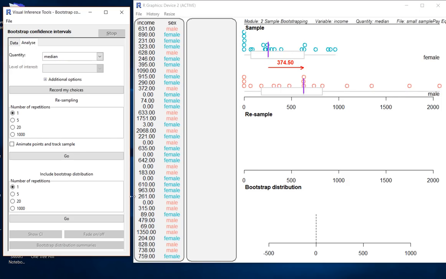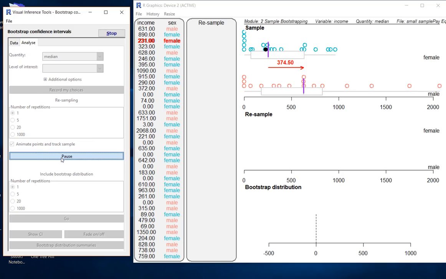And so we're assuming that the population looks like this, and that there are heaps of these people back in the population that we can keep asking, what's your weekly income? And they'll say, I don't know, $74 if it's this particular female. So I'm just going to animate points so we can see where our new sample is coming from.